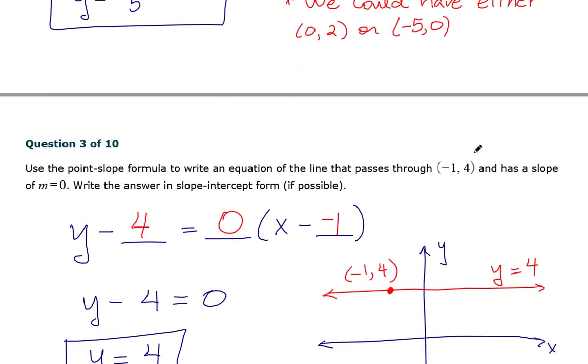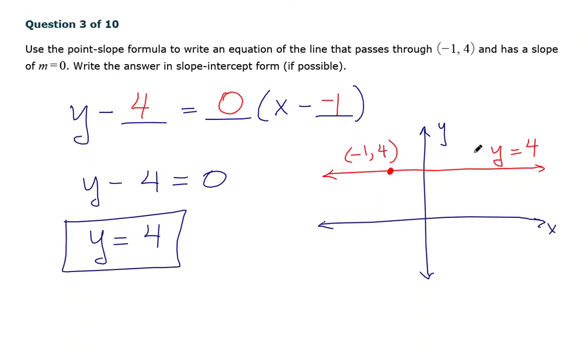All right, question 3. I want to use point-slope to write an equation of a line that passes through -1, 4. Okay, point-slope here. Yep. Has a slope of 0. Well, 0 times anything is 0. And bring the 4 over, and I get y is 4.